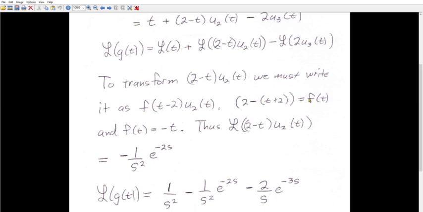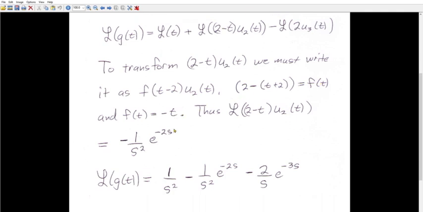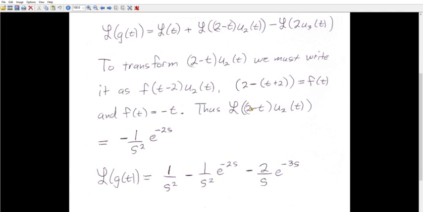And when you do that, you get f of t, which ends up being minus t. Okay, so 2 minus t, u2 of t, is going to transform as e to the minus 2s times the transform of minus t, which is minus 1 over s squared. And the Laplace transform of t is 1 over s squared.